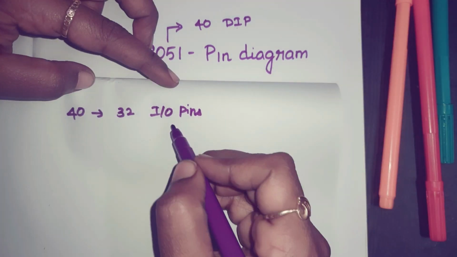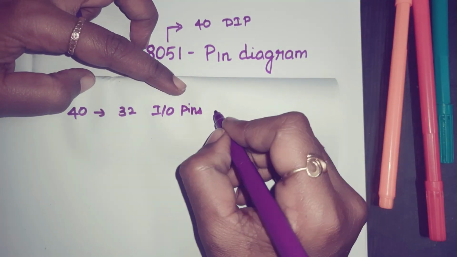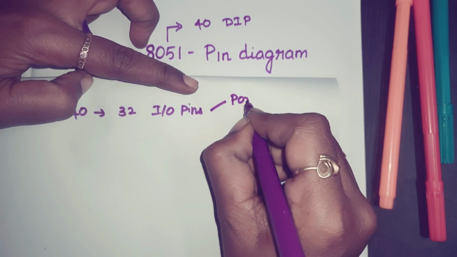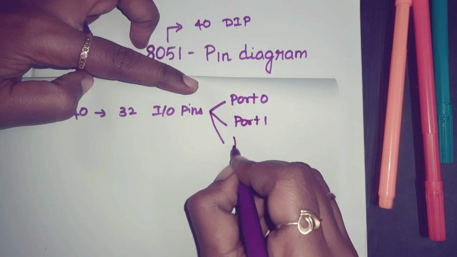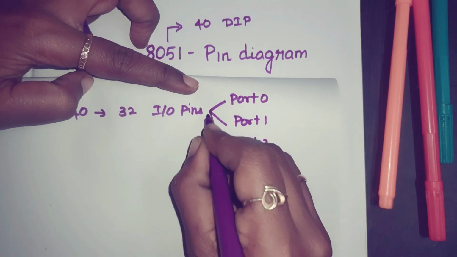And these IO pins are organized as 4 ports, and the ports are port 0, port 1, port 2 and port 3.